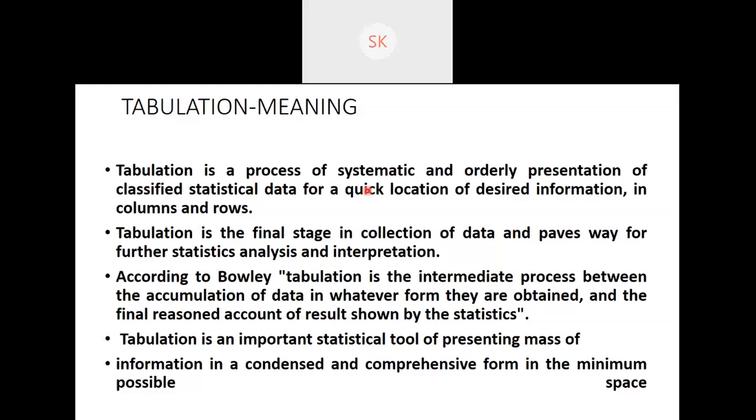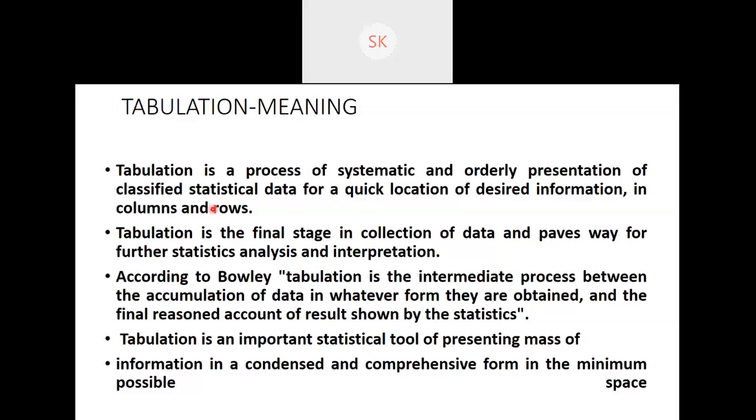Tabulation is a process of systematic and orderly presentation of classified statistical data for a quick location of desired information in columns and rows. Now this same statistical data, when you put it into a table, you make sure it is presented properly, with the title, heading, head note, footnote, and table number.